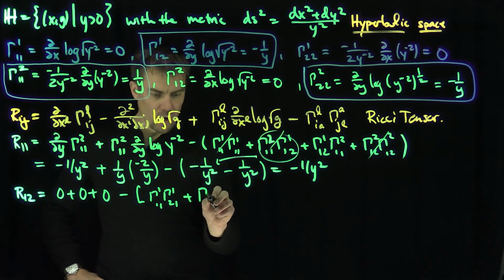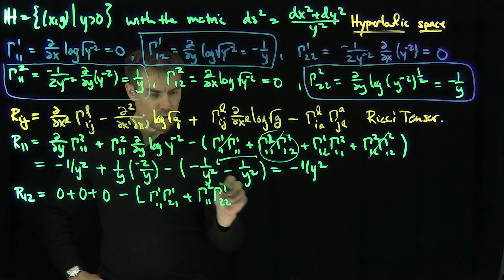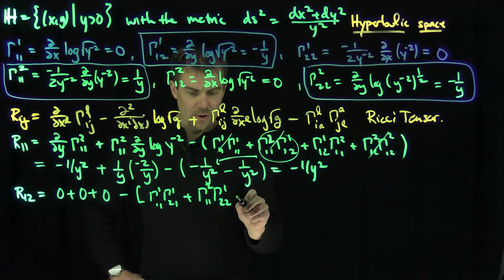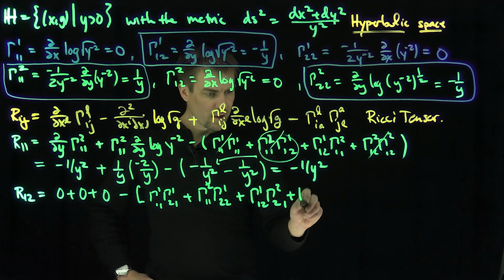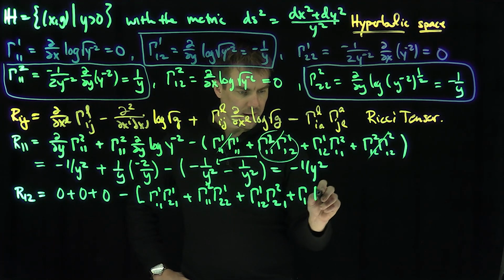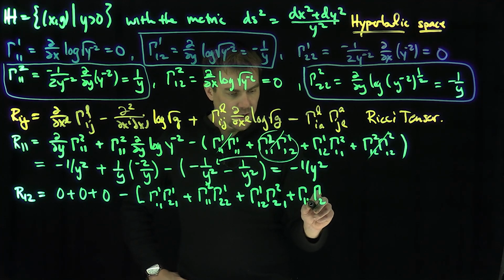I could do a gamma 1, gamma 2, with a 1, 2, 1, 2. I could do a gamma 1, gamma 2, with a 2, 2, 1, 1, or I could do a gamma 1, gamma 2, with a 2, 2, 2, 2.